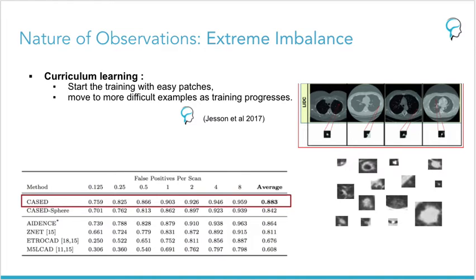They applied this on lung nodule detection, and easy patches were patches which contained large nodules, and difficult patches were patches with small nodules. Using this method, they achieved state-of-the-art in the nodule detection task, and there was a challenge about it as well. It's on the LIDC dataset.